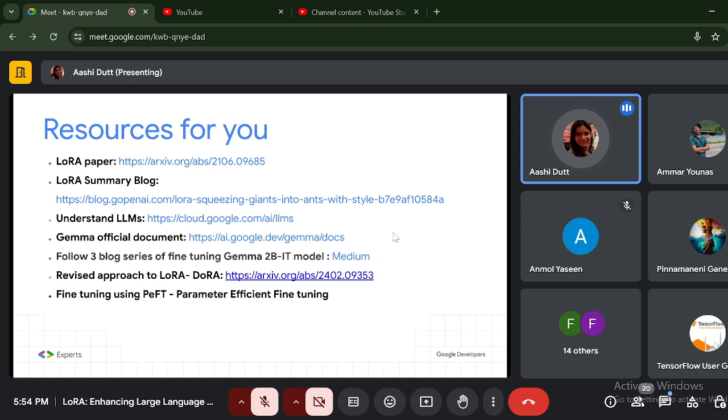There is a small Google Cloud code lab that you can go and try LLMs on. If you have access to Vertex AI, you can try LLMs over there as well. Then if you like the project that I recently demoed, you can follow the three blog series on Medium as well.